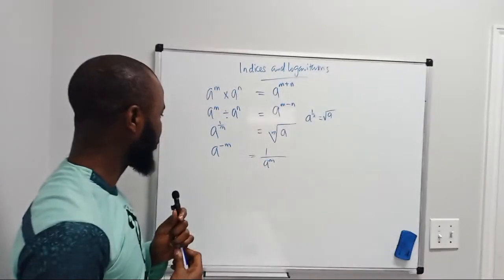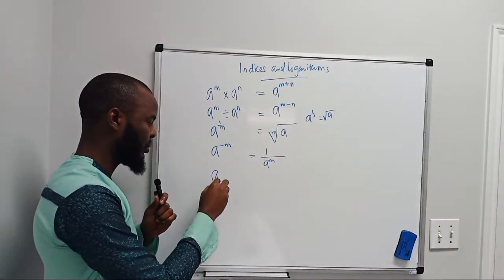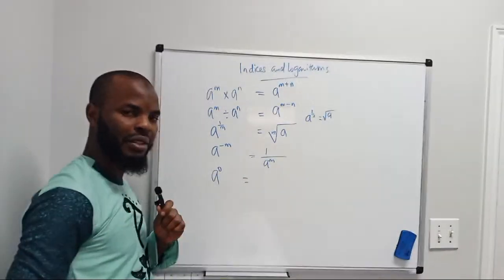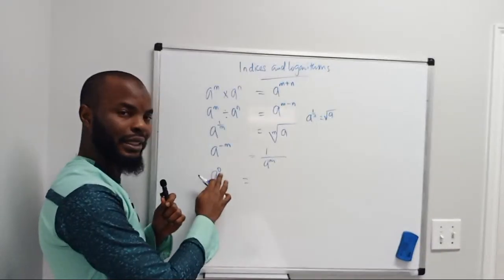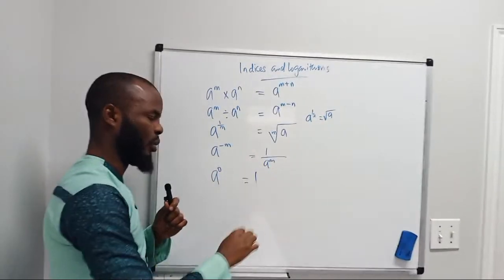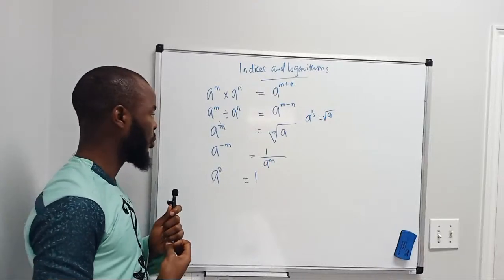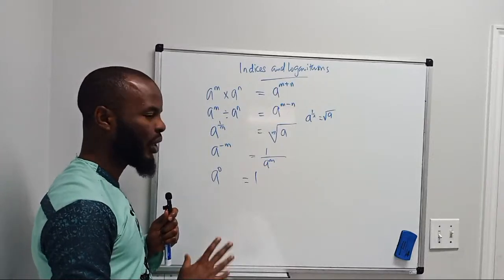Now, this is rule number 5. If you have a to the power of 0, that is, 0 as a power, any value that has 0 as its power is going to be 1.